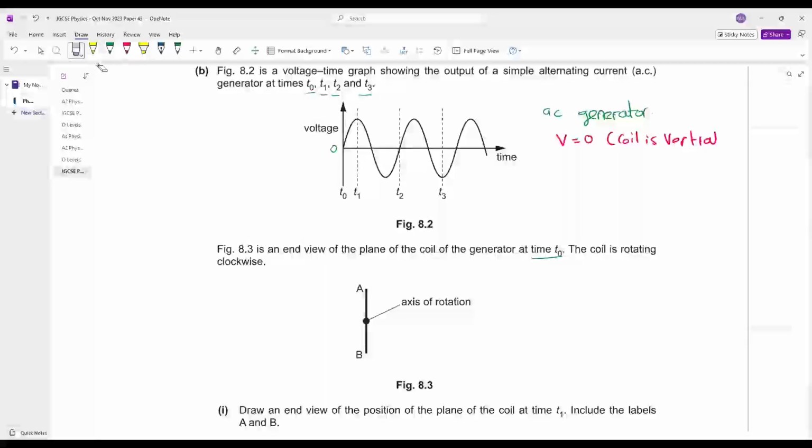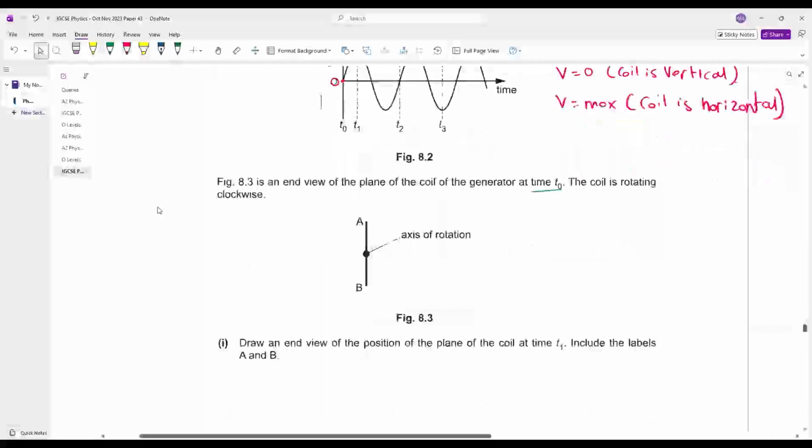Whenever the coil in an AC generator is vertical, beta, your voltage will be 0. And your voltage is maximum when the coil is horizontal. Perfect. So you can realize initially the voltage is 0, the coil is vertical. Draw an end view. One more thing is written: the coil is rotating in the clockwise direction. Okay, so the coil is rotating like this.